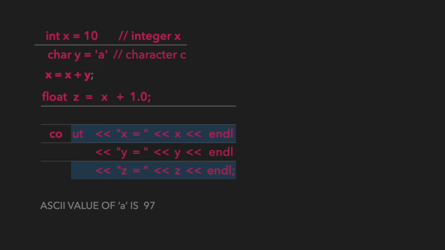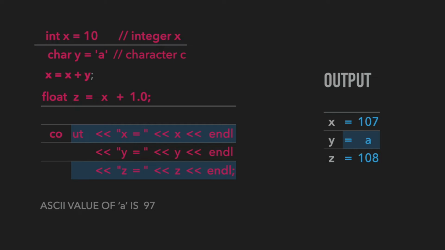And in the next line you can see there is a cout statement which prints x is equal to 107. Then the value of y would be a, right? Because the value of y is not changed. The value of y is a character, right? Then z is equal to 108. See, the output comes the same.